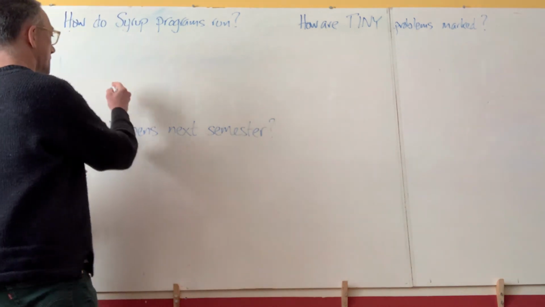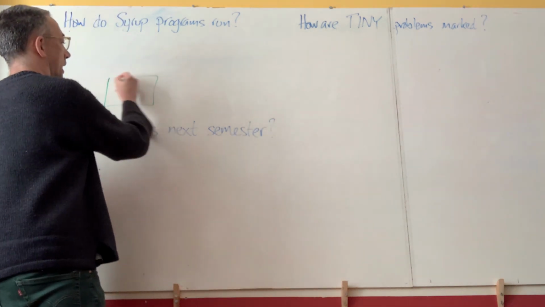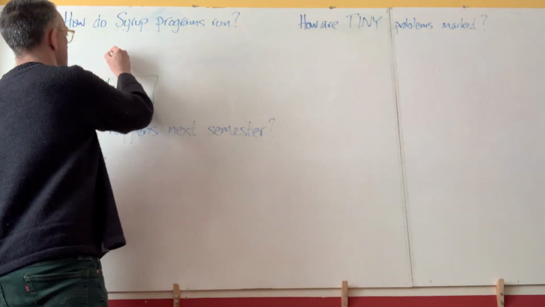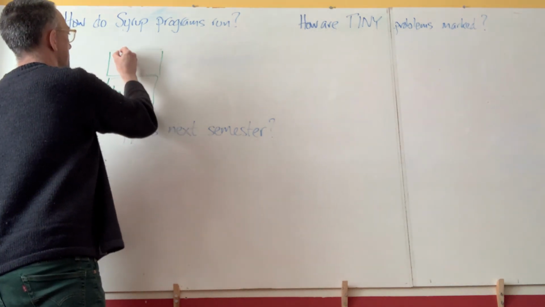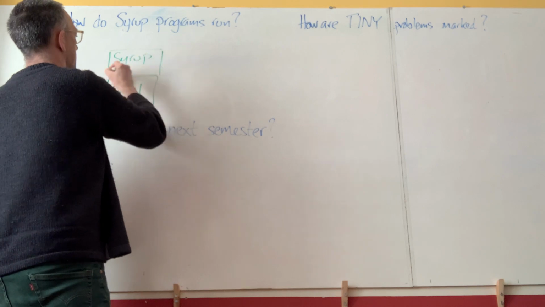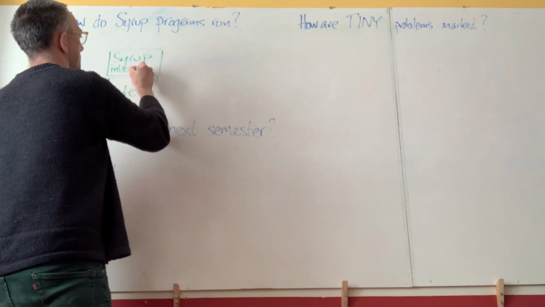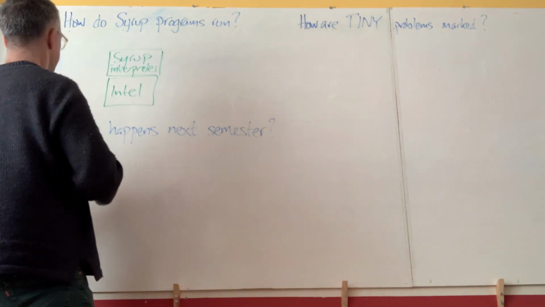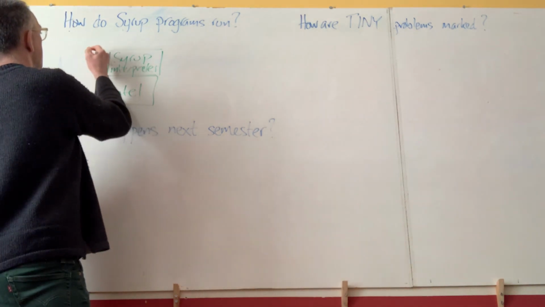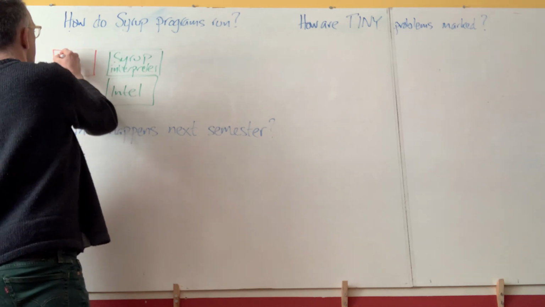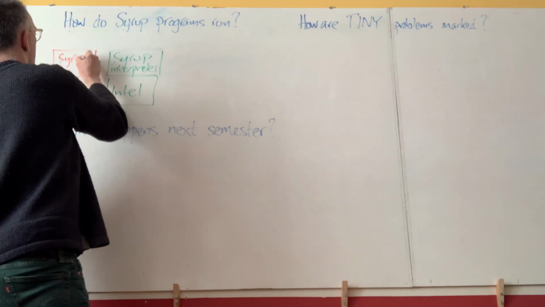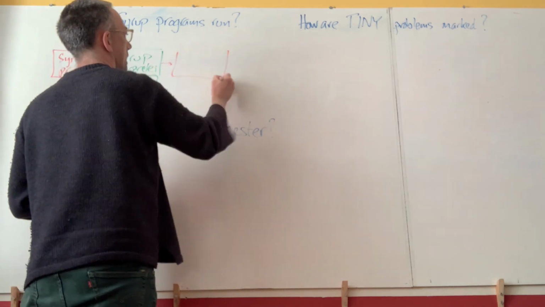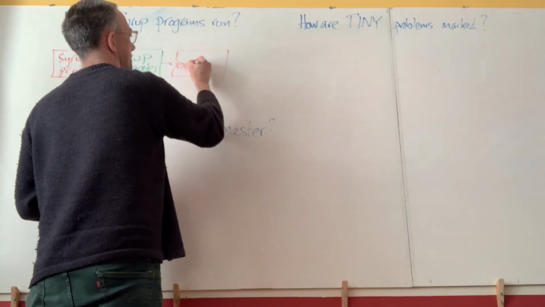Well, we have an Intel machine, and on top of that, we've got a Syrup interpreter in Intel machine code, and we feed in Syrup programs and out come experiments.